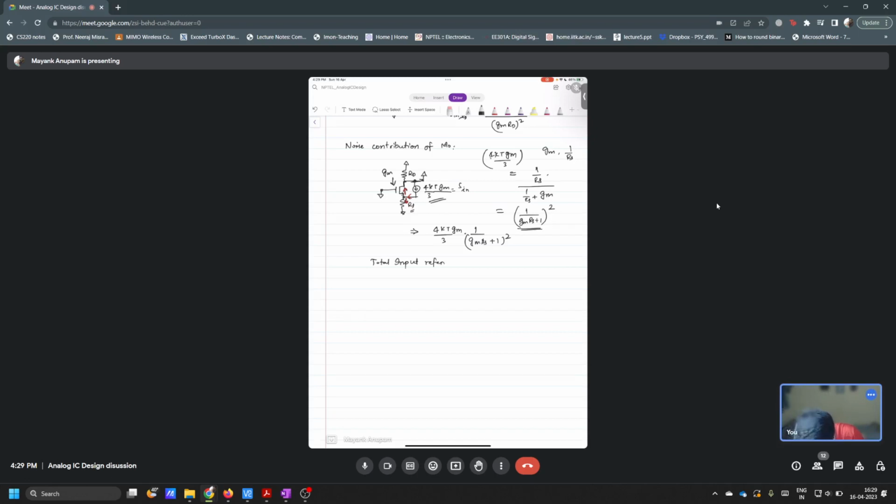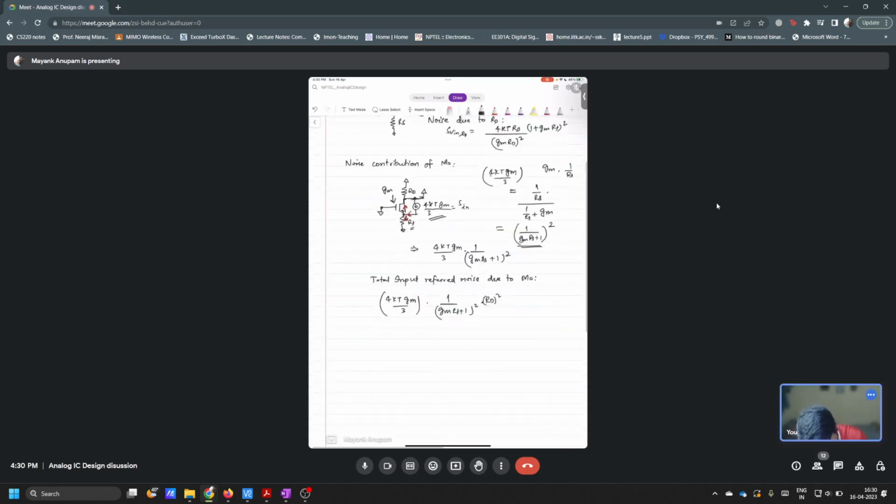So total input referred noise due to M0 will be what? 4kT gm by 3 multiplied by 1 over gm rs plus 1, the whole square, multiplied by RT whole square, correct? Yes, sir.